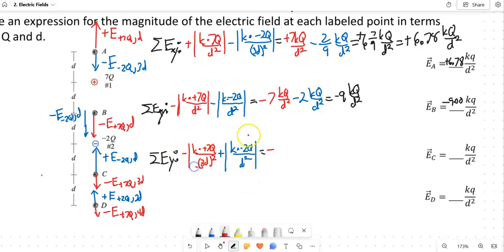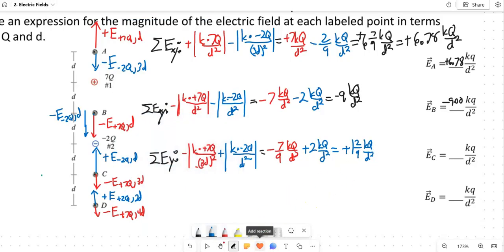So this guy right here is going to be 7 over 9 kq over d squared, right? 7, 3 squared, yep, 9. And then we're going to go plus 2 kq over d squared. So the answer to this one is going to be positive 1 and 2 ninths kq over d squared.